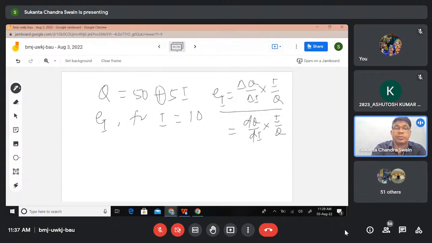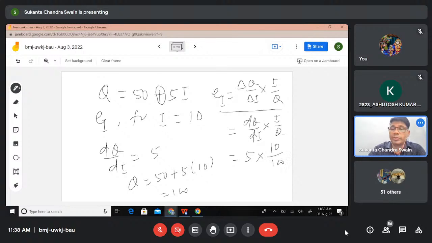So now dQ by dI is equal to 5. I is given 10, so Q is equal to 50 plus 5 into 10, which is 100. So now it will be dQ by dI, 5, into I, 10, by Q, 100, is equal to 50 by 100, equal to 0.5.